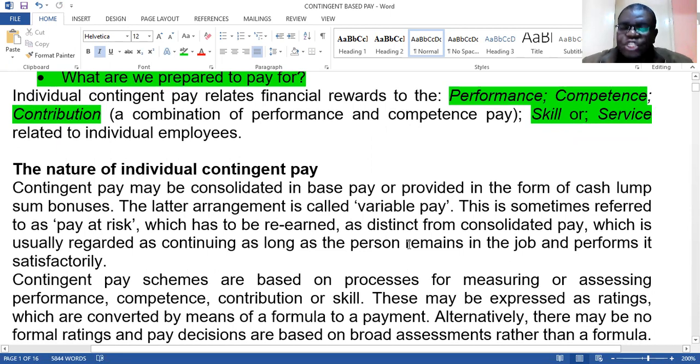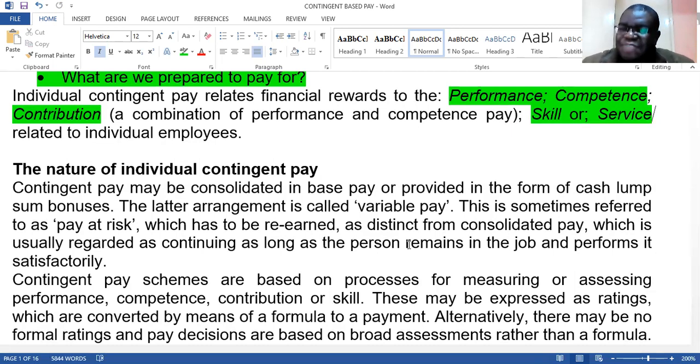The administration of contingent-based pay is done either targeting the individual or targeting the collective in the organization as a whole.